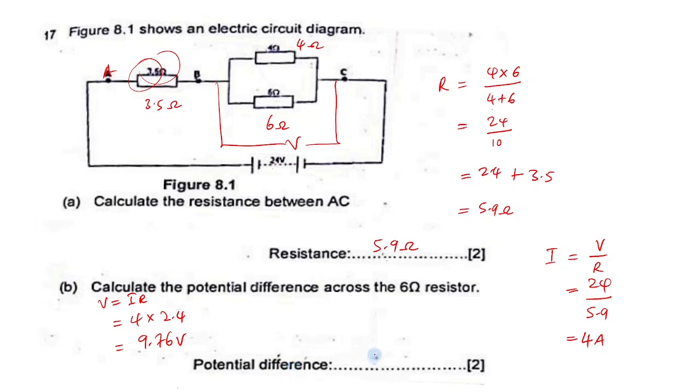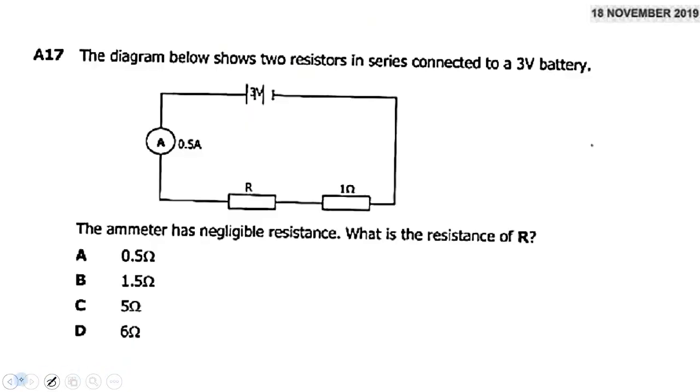So this is the voltage here, 9.76 volts. So the voltage across this resistor is the same across these points. And when you come here, we are done.